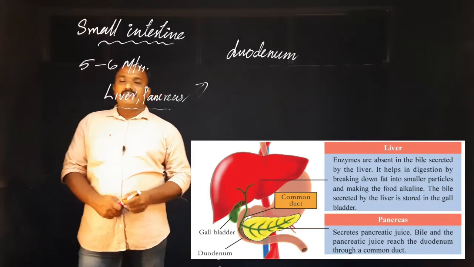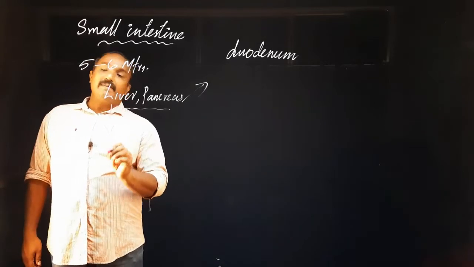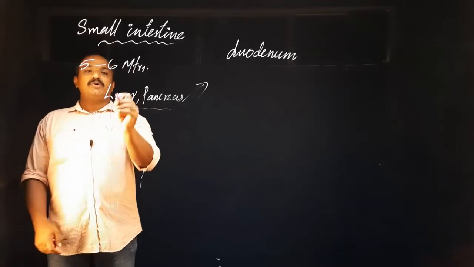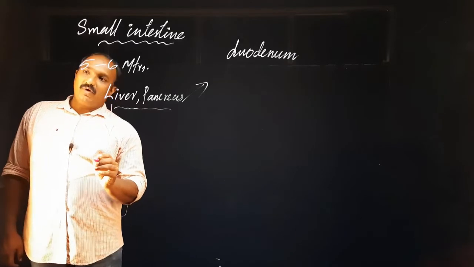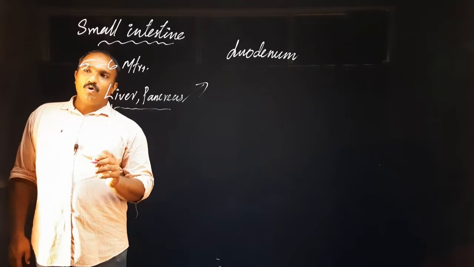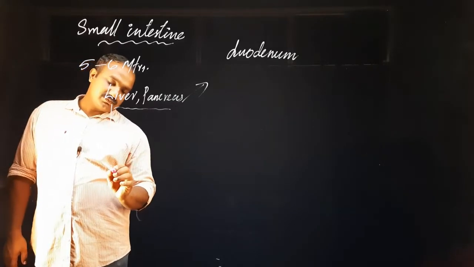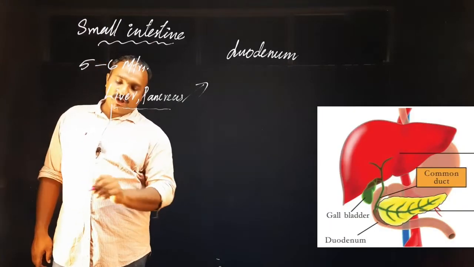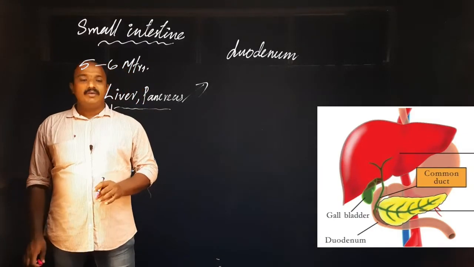From the liver only one digestive juice comes, and that is called bile. This bile is produced in the liver and stored in a special sac or membrane called the gallbladder.